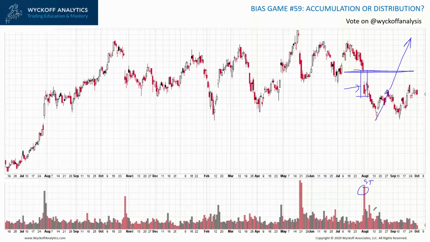First rally is happening on the diminished demand characteristics, and it doesn't even overcome the high of that gap day. And then the second rally has a little bit better price spread characteristics, but yet it resolves itself in the local upthrust action, where we see a slight increase in the demand signature, but behind that there is obviously some increase in the supply as well.